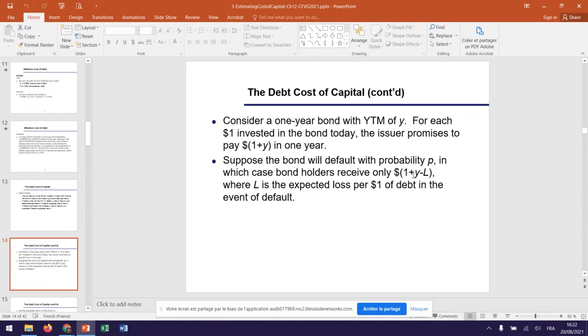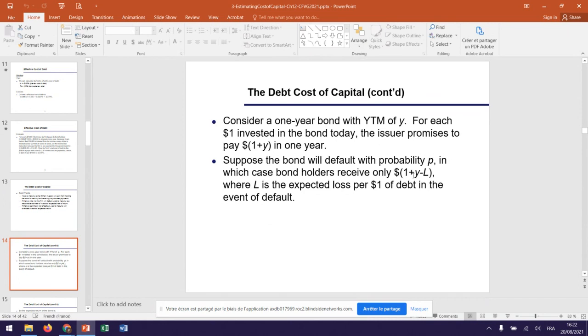L is the expected loss per $1 of debt in the event of default. Meaning that if the company goes bankrupt, on your outstanding debt of $1 you may get back less than $1. You may have some expected loss on your debt in case of default.